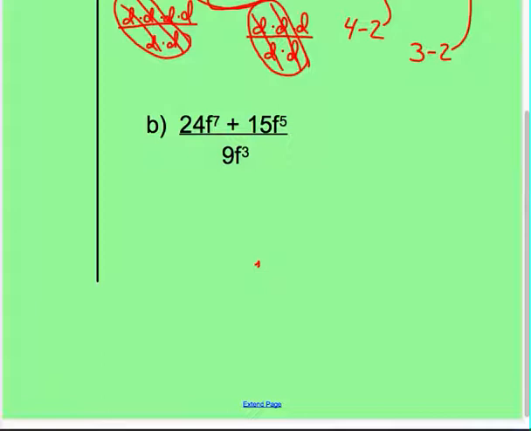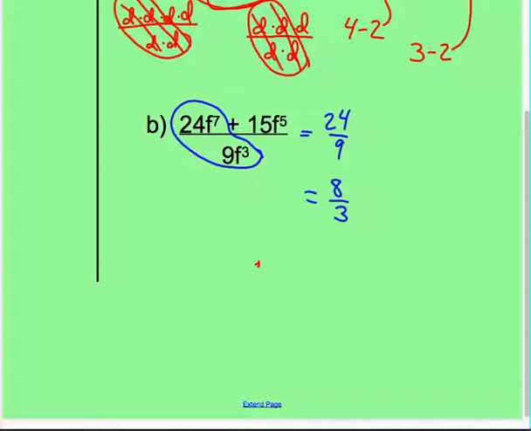Let's take a look at 24f to the 7th divided by 9f cubed. 24/9 can be simplified. They both have a common factor of 3. 24 divided by 3 is 8, and 9 divided by 3 is 3. Now the shortcut, remember, with the exponents is that we subtract the exponent.